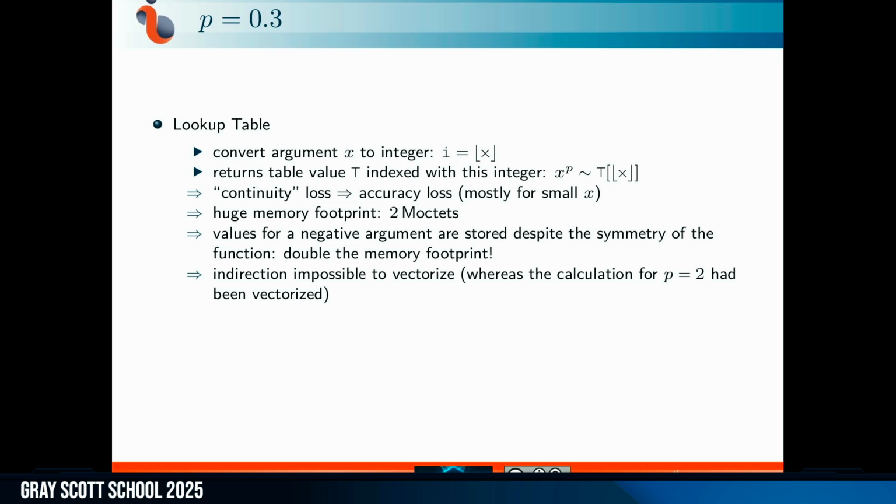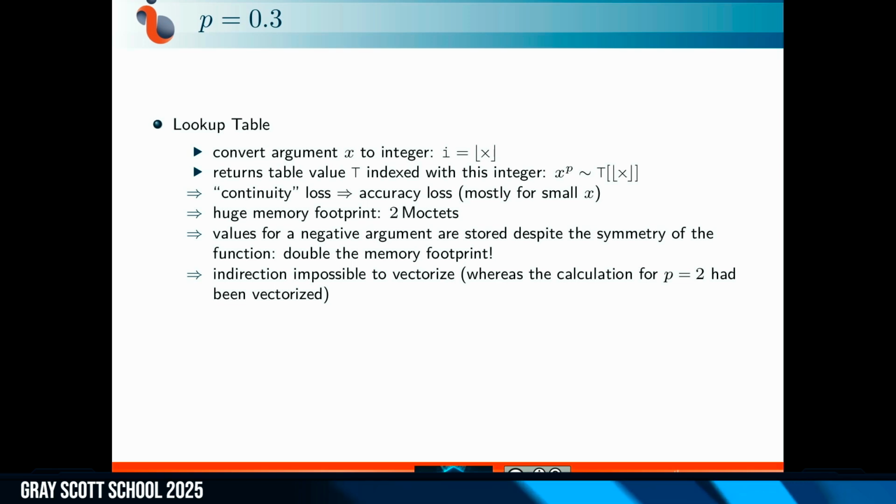So it was a huge continuity loss, and as such a big accuracy loss, mostly for small values of x. It took a huge memory footprint of 2 megabytes.